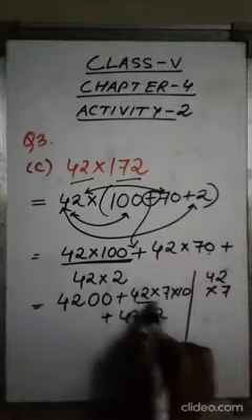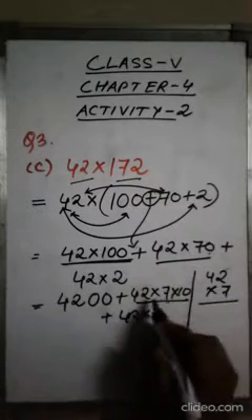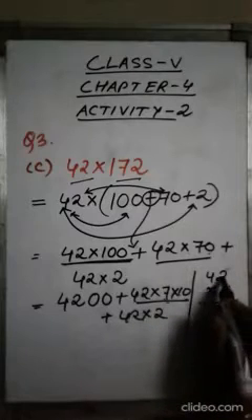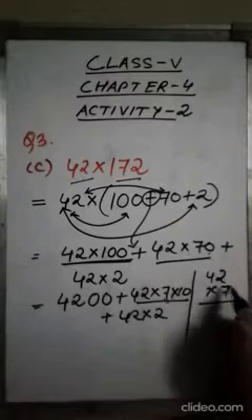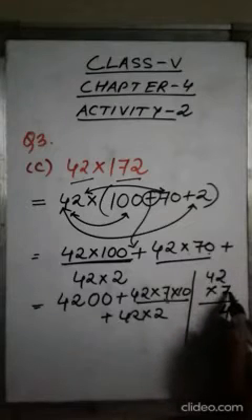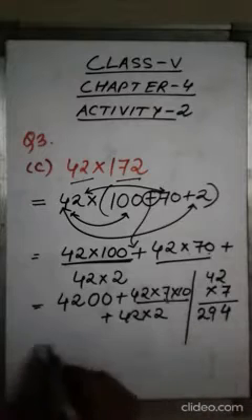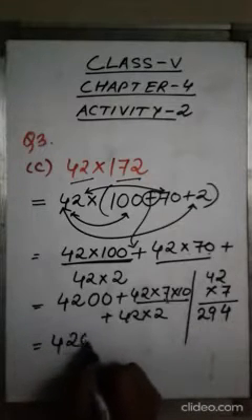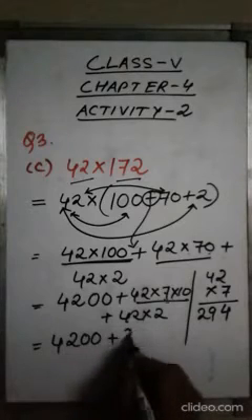I can write this line as this line. 42 into 7, I will find out. 7 into 2, 14. 7 into 4, 28, 29. So 4200 plus 294.